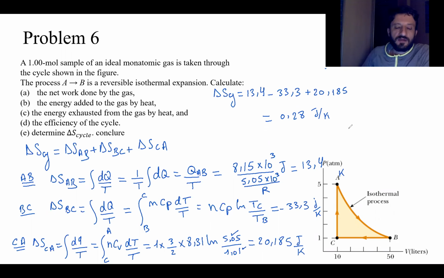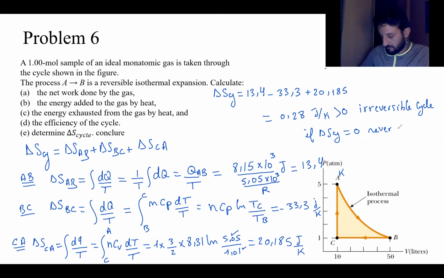Anyway, it's an irreversible cycle. You know, it's a positive value, so as a conclusion, it's an irreversible cycle. If delta S of the cycle equals 0, we say it's a reversible cycle. Anyway, it's not far.